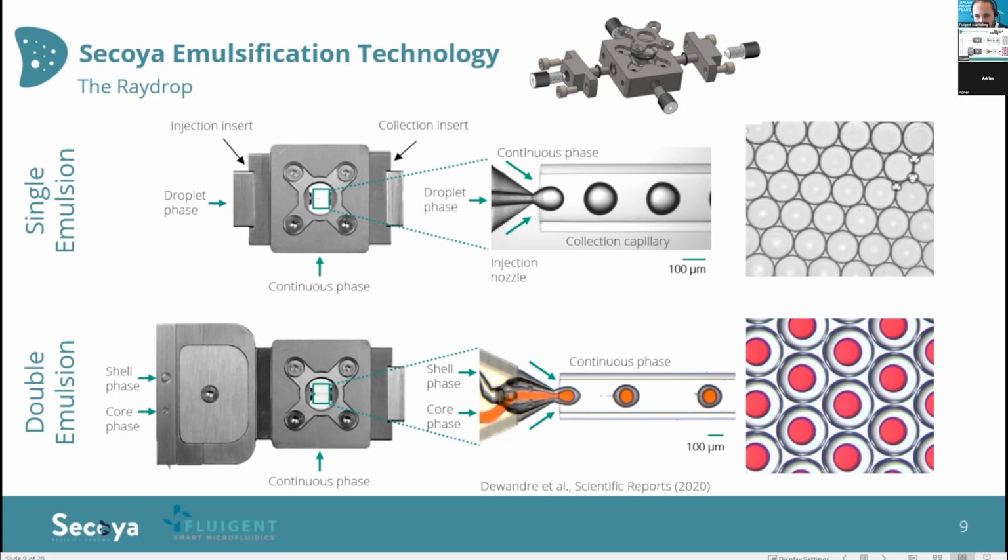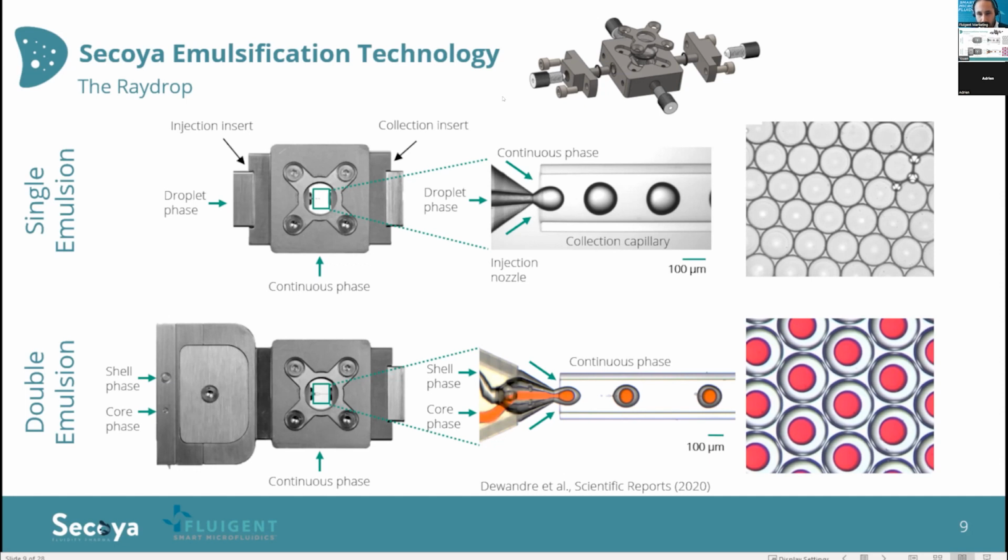At Secoya, we developed a device called the Raydrop for the production of highly controlled single and double emulsion. It is based on the alignment of two glass capillaries into a metallic chamber. Two inserts supporting the capillaries are introduced on the lateral side of this chamber.